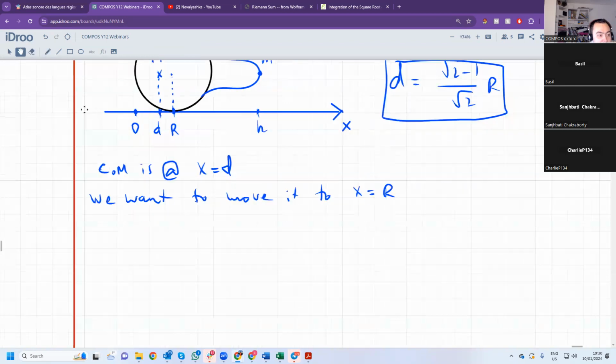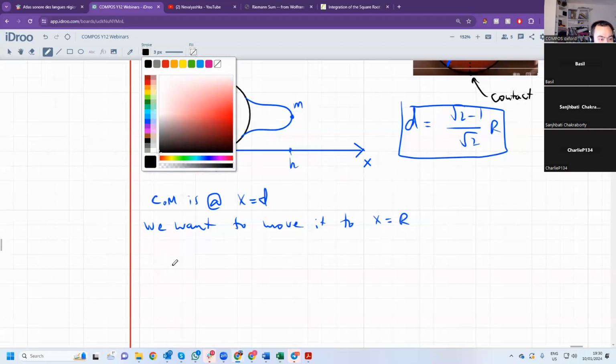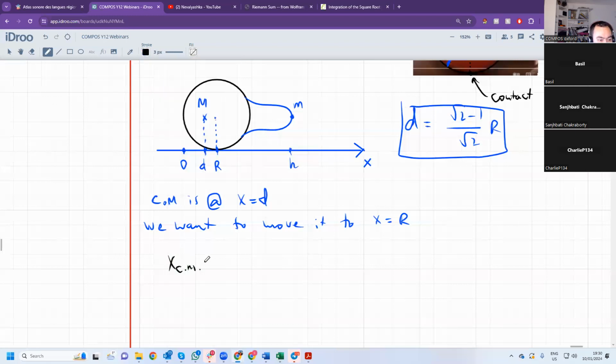Okay, so how do we do that? Well, we use the formula for the center of mass. Center of mass is x1 m1 plus x2 m2 divided by m1 plus m2.